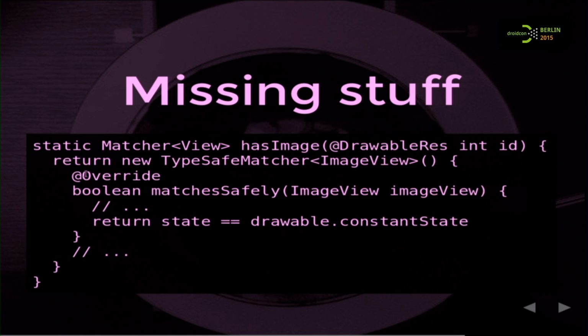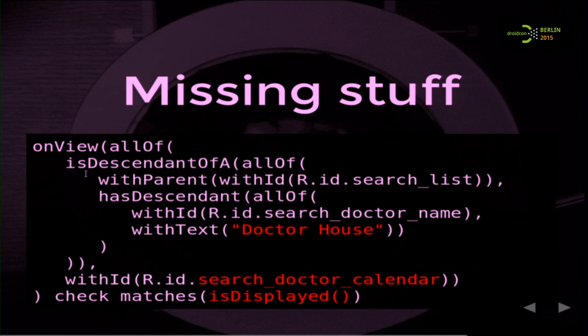And Espresso, well, it's new. Maybe not that new, but there are still a lot of things missing from it. So you will end up adding your matchers, and a lot of them for simple stuff like confirming if your view is showing an image with ID, like predefined resource, or other stuff. Especially if you're working with recycler views, there is a contrib library for Espresso.